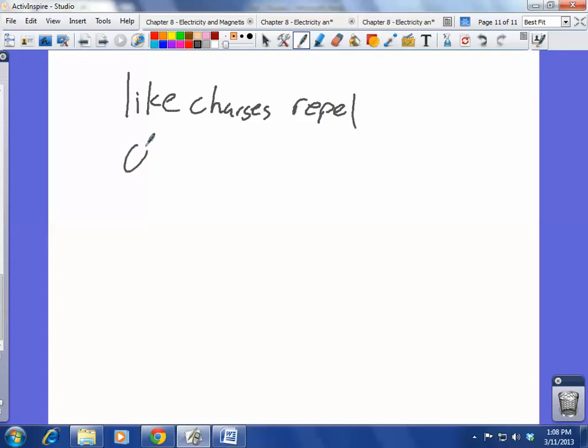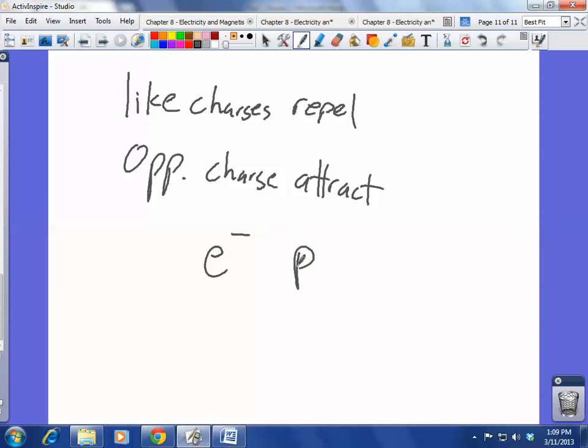And that must mean that opposite charges attract. And remember also, when we're talking about these like charges and unlike charges, all these charges really only come from two places. Either electrons with their negative charge or protons with their positive charge.